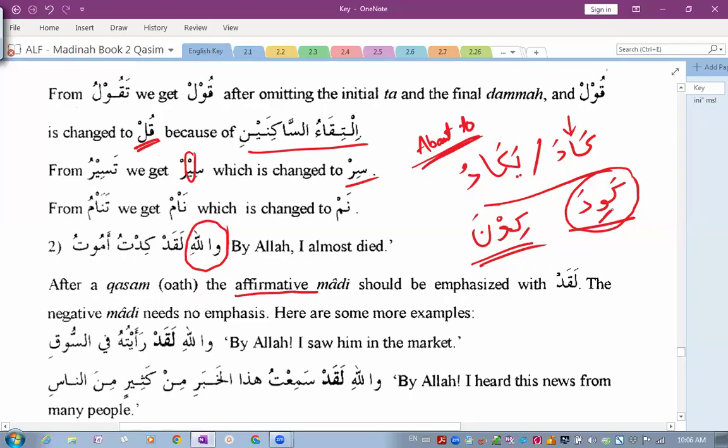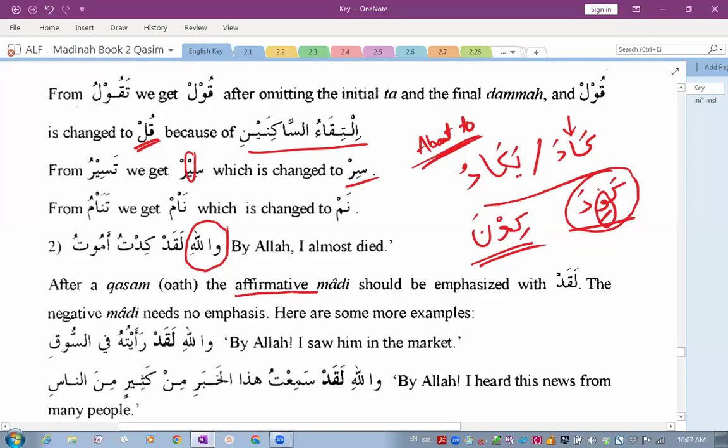Just like fa'ila, we said that from hunna you will start taking the kasra, right? So I will conjugate again. Kada, kada. Remember, from 1 to 5, the middle radical gets changed to an alif: kada, kada, kadu, kadat, kadata.